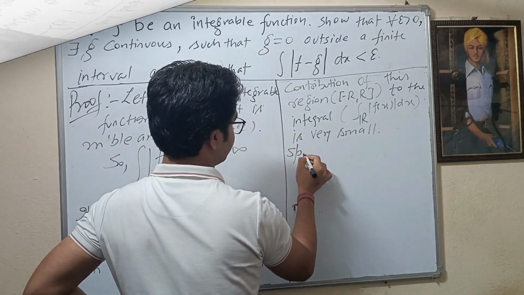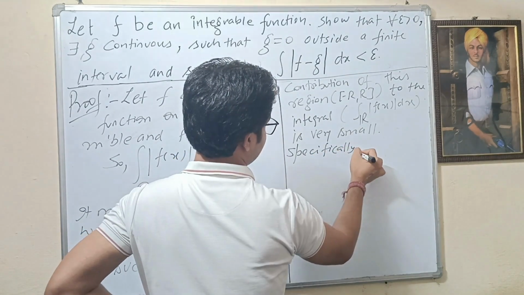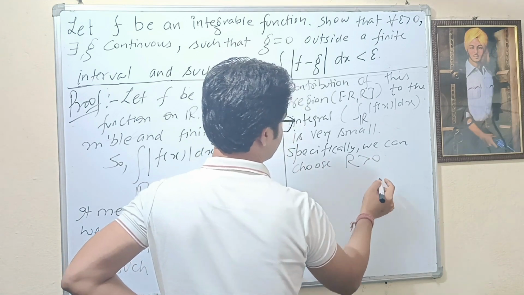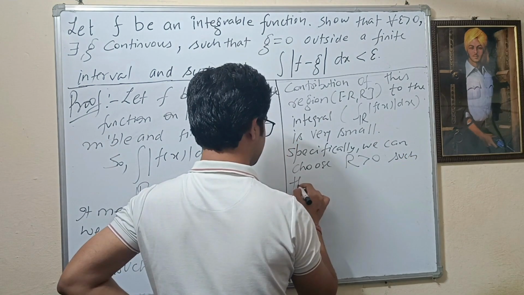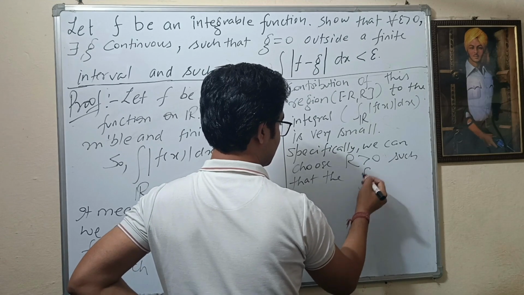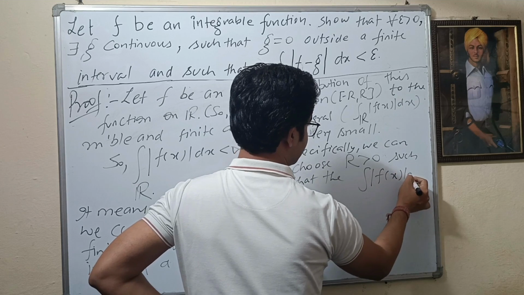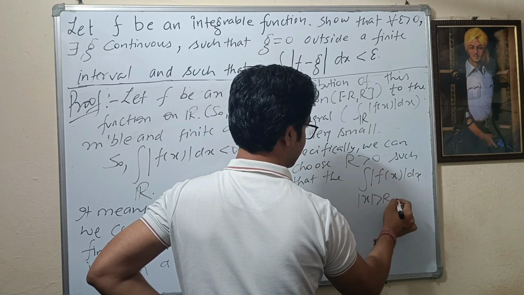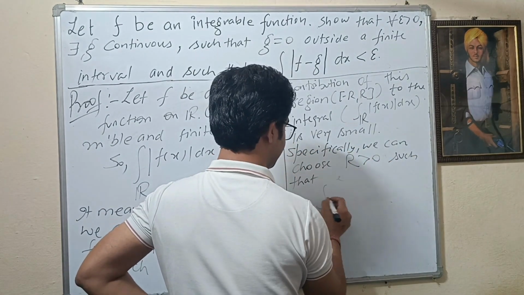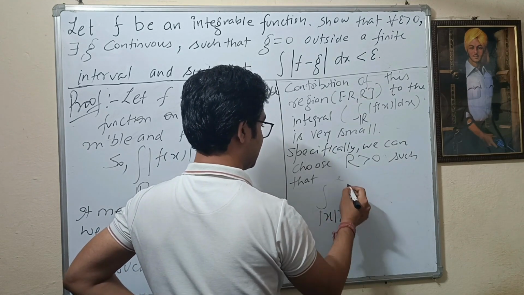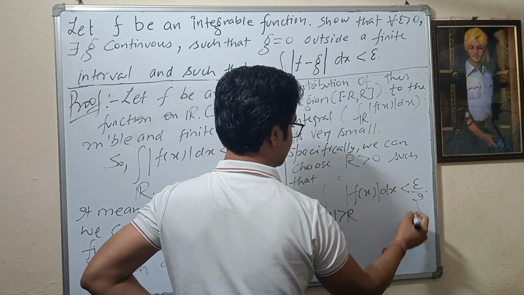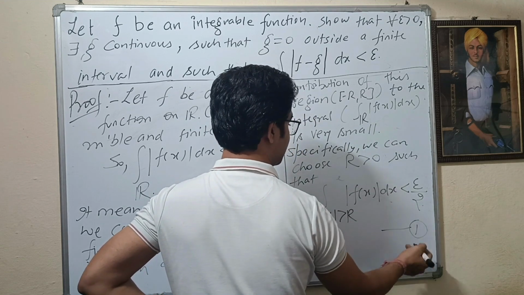So specifically, we can choose R positive such that the integral of mod f(x) dx outside minus R to R is less than epsilon by 2. Mark this in equation as 1.